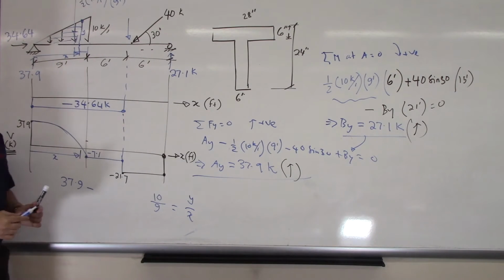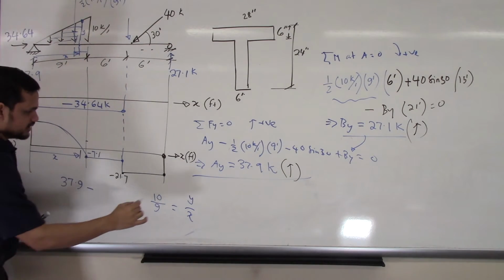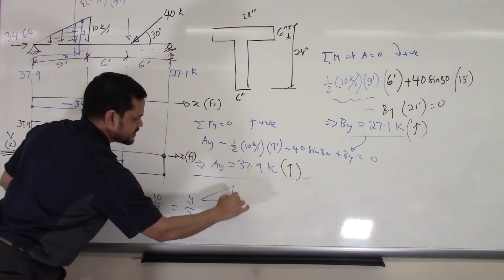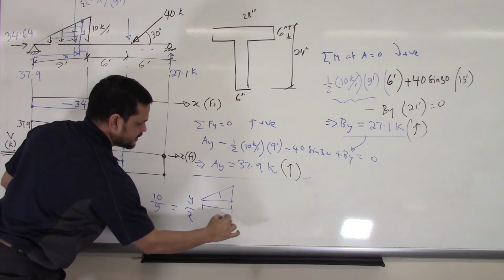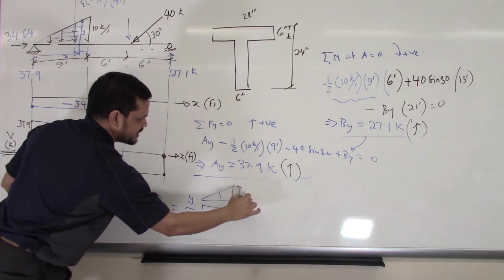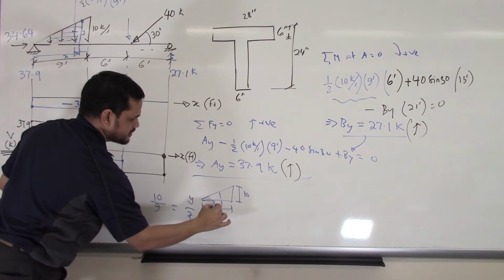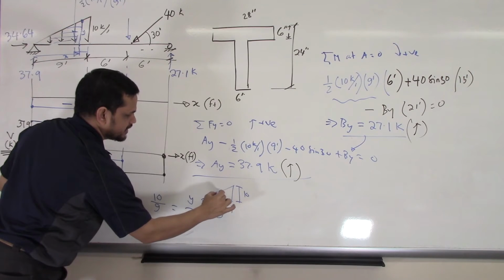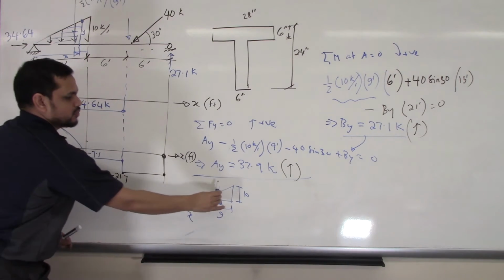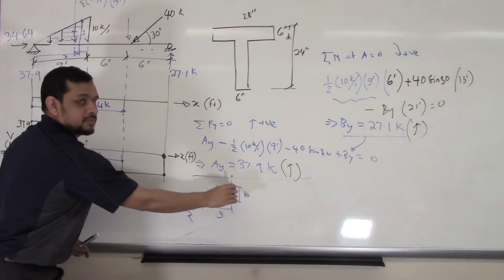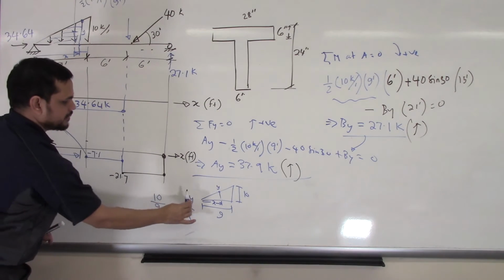So from similar triangles, if the whole is 9, I am rising 10. If this portion is x, what is my rise? y. So y by x equals 10 by 9.